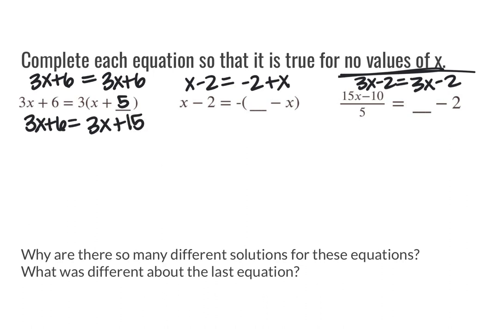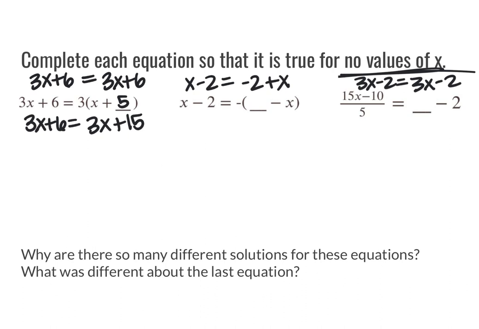Is this going to be an all solution situation, or is it going to be a no solution situation? Notice how I have my variable term on both sides, right? But the difference is I'm adding two different numbers, okay? Remember we said earlier, if you take the same number and you add it to two different numbers, you're never going to come up with the same sum, okay?